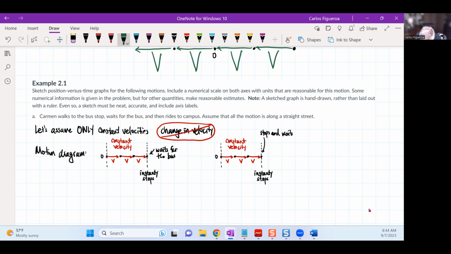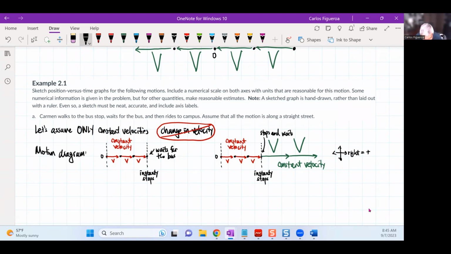So then I'm going to say here that the bus now is going to be moving this fast. It's instantly going this fast like that. So this is now a constant velocity, but now moving faster. So again, if I set up my coordinate system, I'm going to say that this is right, and I'll call that positive.